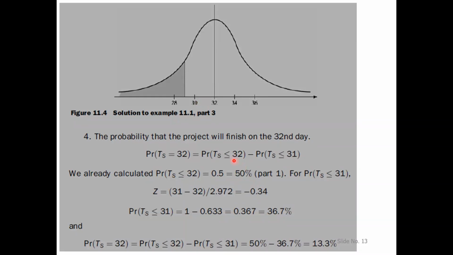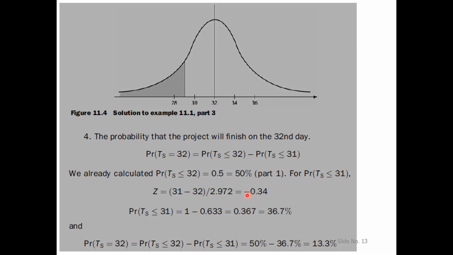For 32 days, we have already calculated the probability in part 1, that is 50%. In a similar manner, we can calculate it for 31 days. For 31, it will be 31 minus 32, that is minus 0.34.